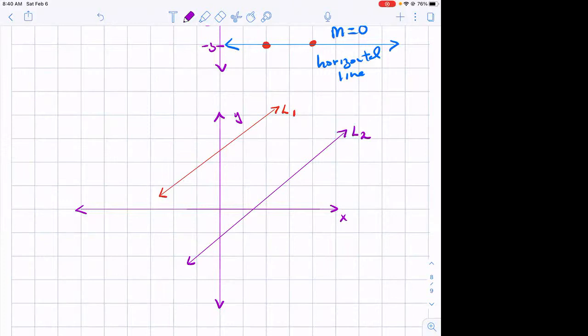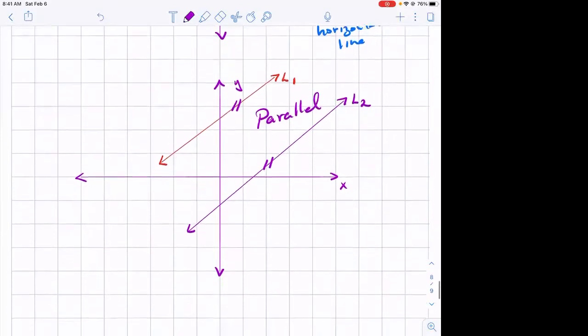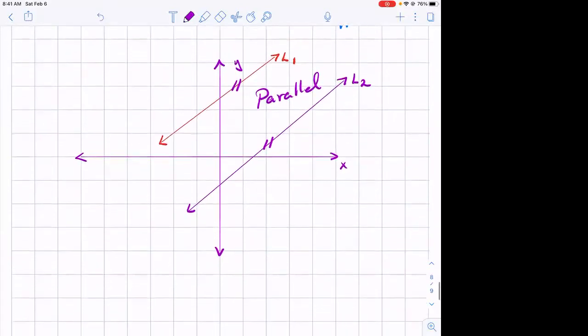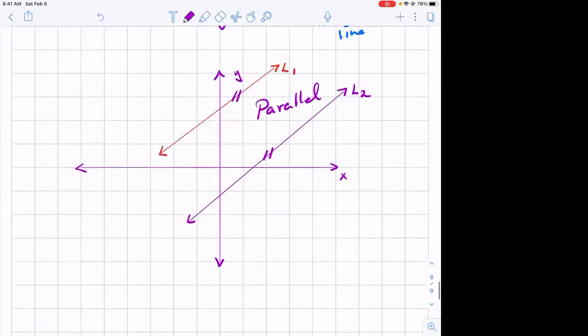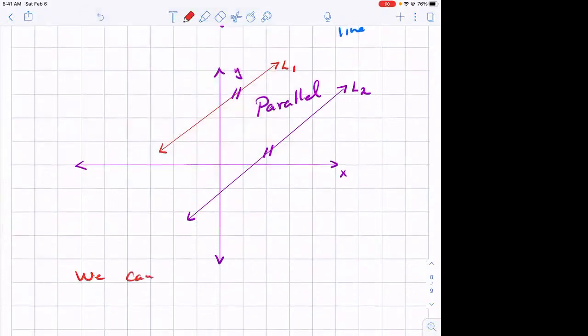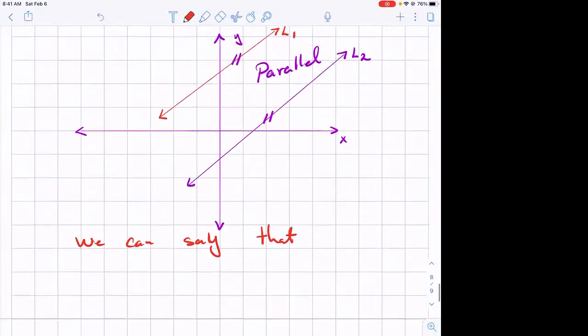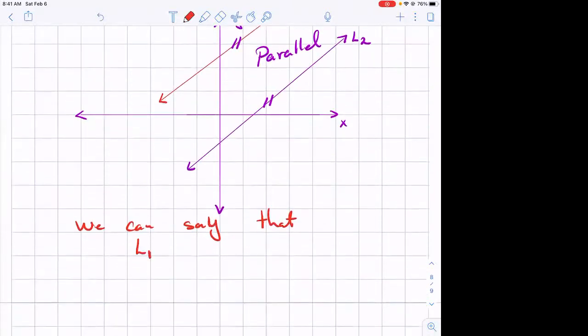Now these lines appear to be parallel, okay, parallel lines, and we will see that when lines are parallel, we can say that L1, line 1, and L2 has the same slope.